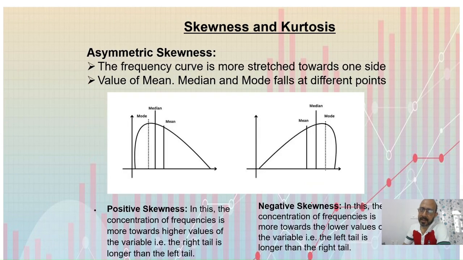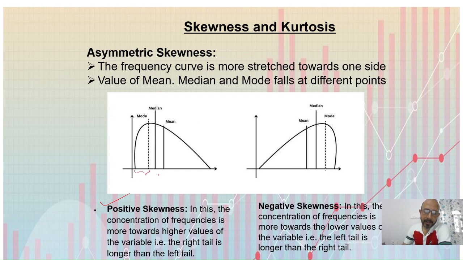Asymmetric skewness. The frequency curve is more stretched towards one side. The values of mean, median and mode are all at different points. Positive skewness: in this, the concentration of frequencies is more towards higher values of the variable, so the right tail is longer than the left tail.